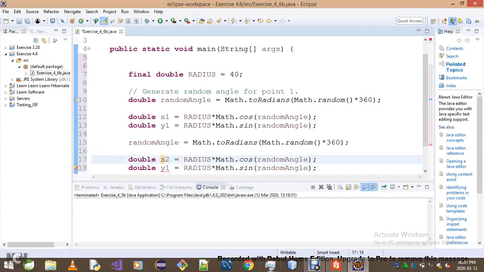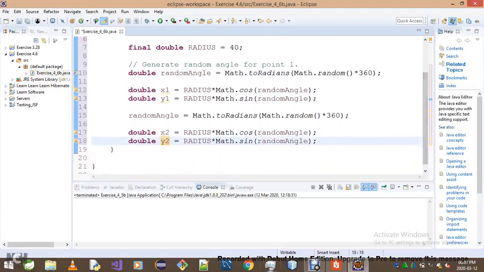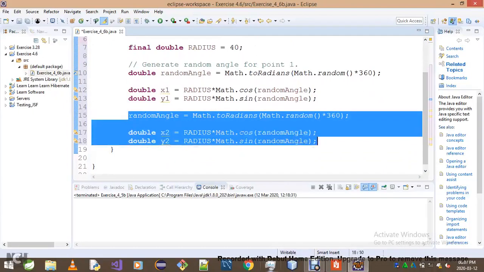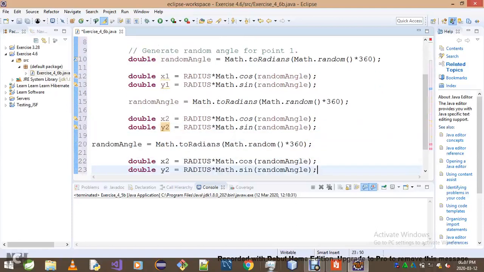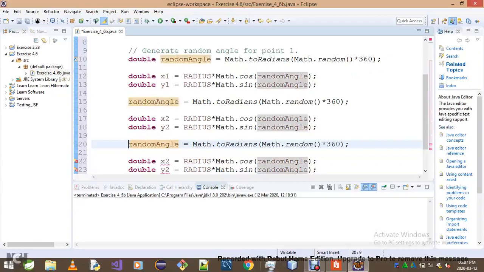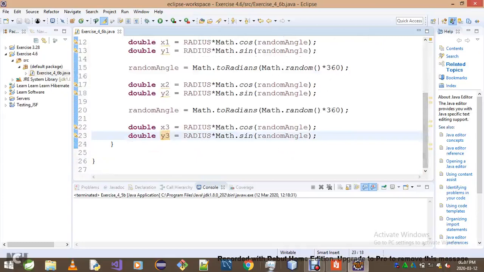What I'm simply doing is generating 3 points: point 1, point 2, and point 3. However, I only have one variable responsible for randomly generating an angle, and then 6 variables for the xy coordinates of all 3 points.